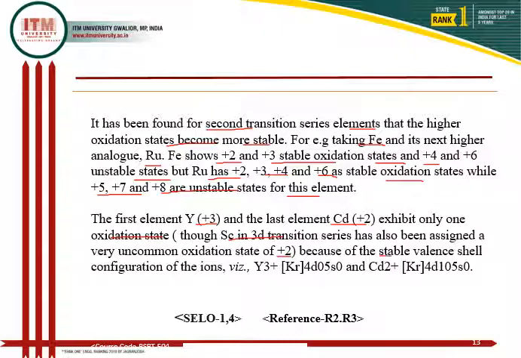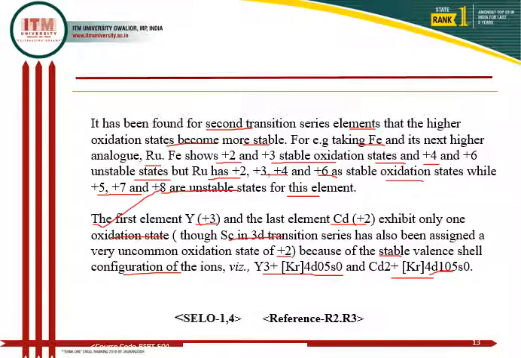And because of the stable valence shell electronic configuration, like yttrium is 4d0 5s0 and cadmium is 4d10 and 5s0, when the electrons are removed it is attaining a stable configuration. So due to that also this oxidation state is stable.